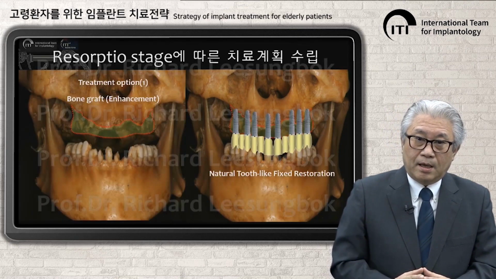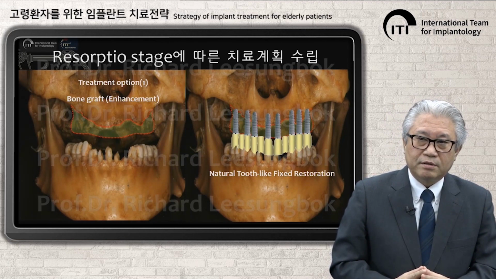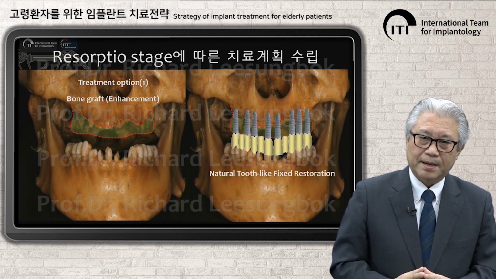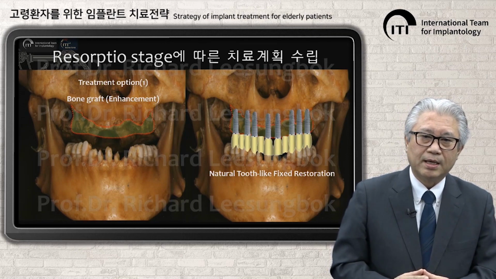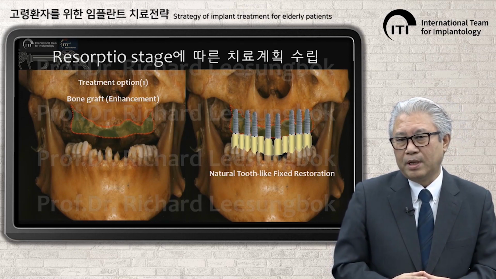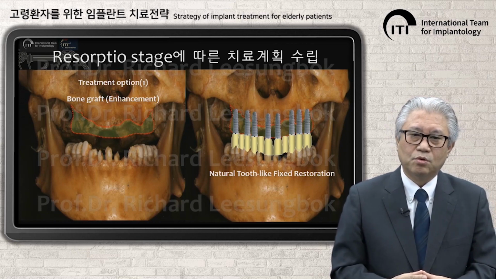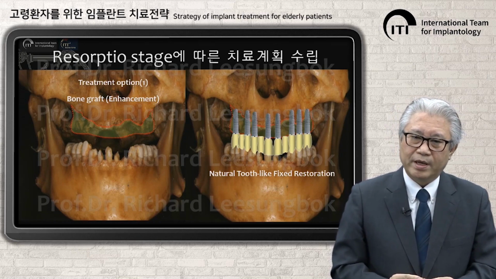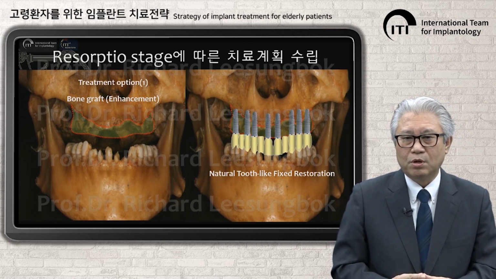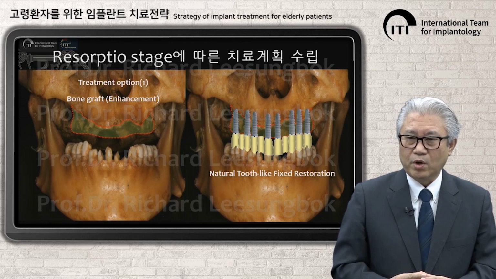So, in developing the treatment plan, I hope to explain the various situations of the patient comprehensively in 3 categories. The first plan is to provide patients with a fixed prosthesis even under adverse anatomical situations.